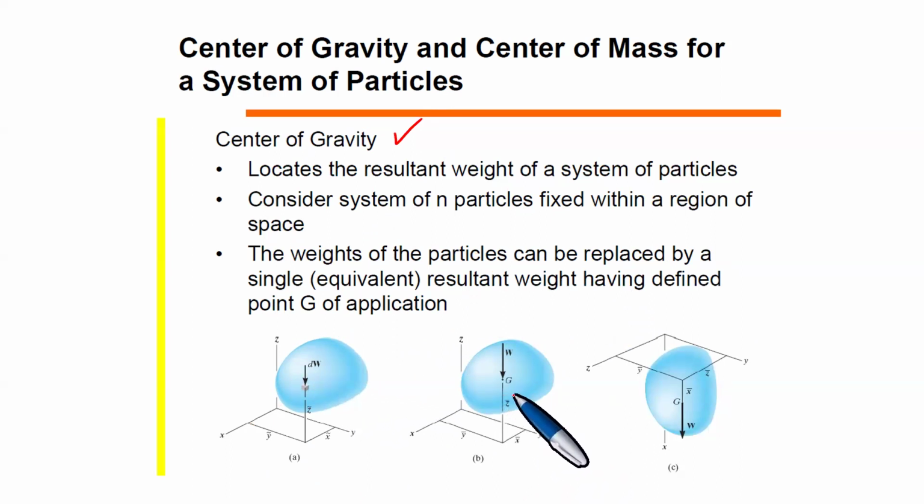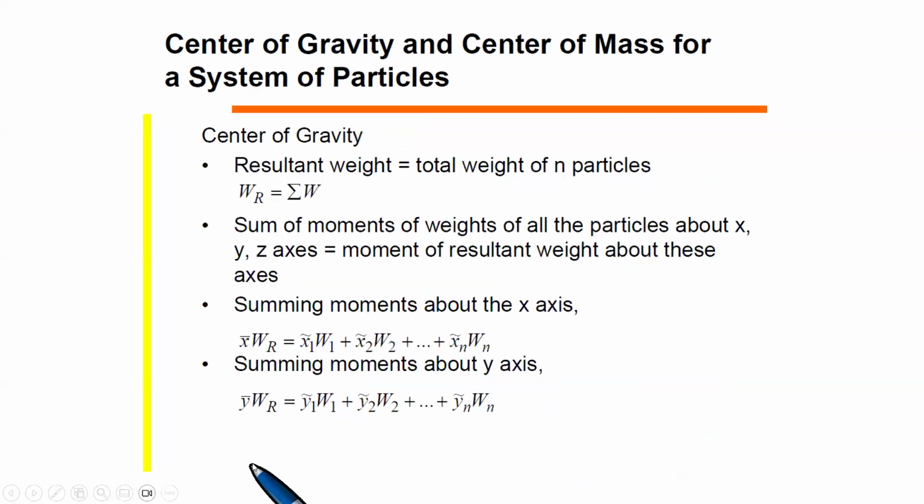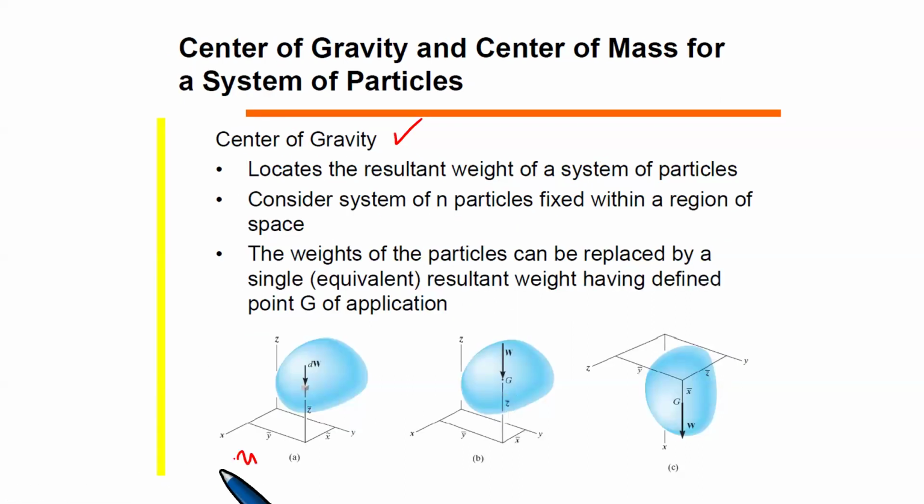And the point G of application is actually, now note a couple of things. We use here y tilde, which is parallel to the y-axis for this one. This is the x-axis, I know it's a bit tiny, and this is the z-axis.